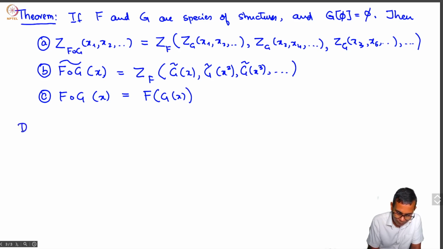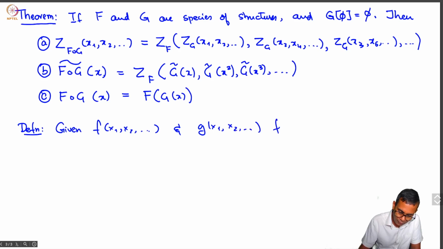So let me define plethysm first. Given formal power series f(x1, x2, ...) and g(x1, x2, ...), formal power series in infinitely many variables.